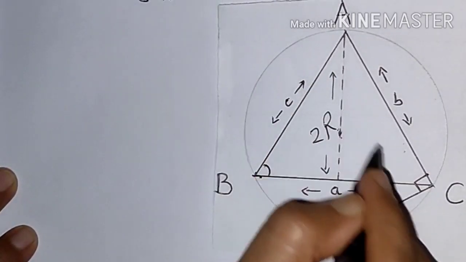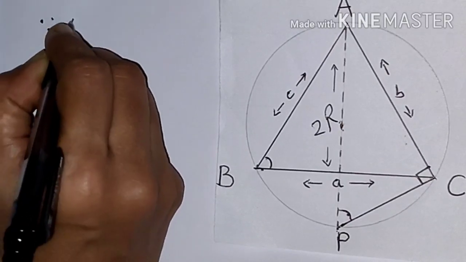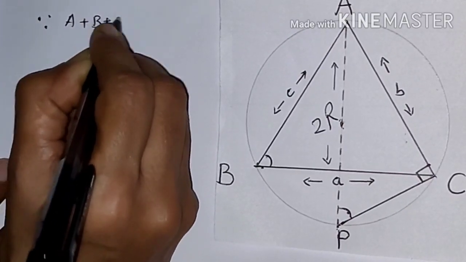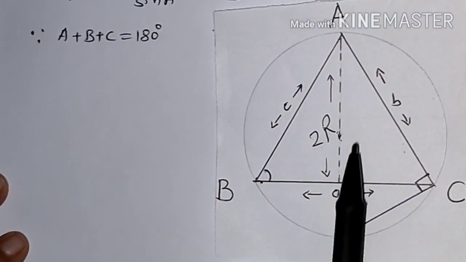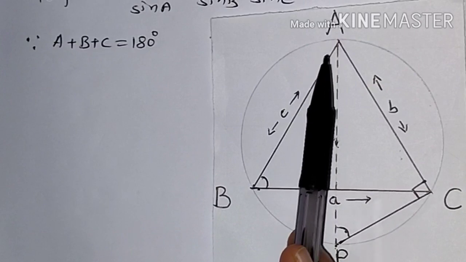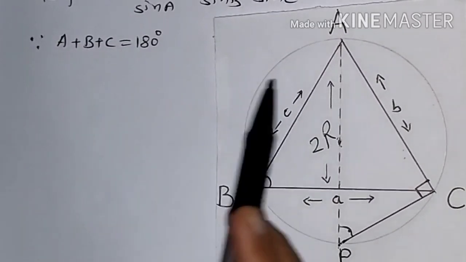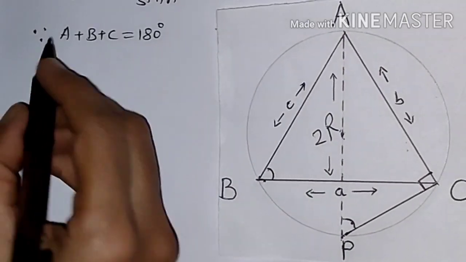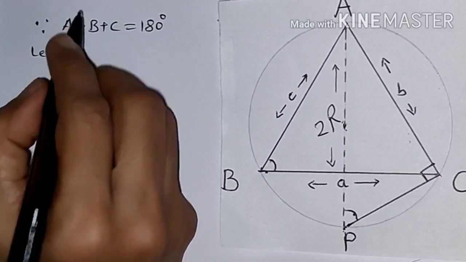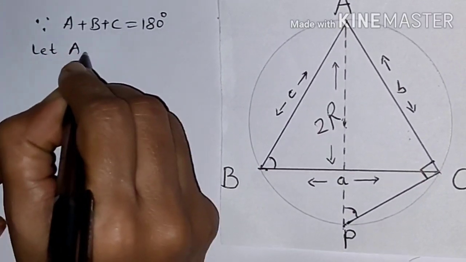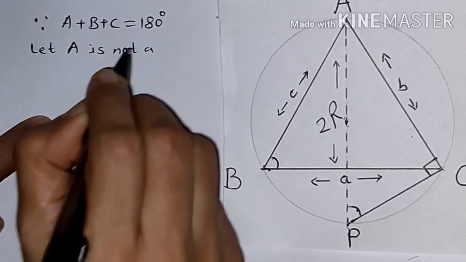Since A, B, C are angles of the triangle, we know that A plus B plus C is equal to 180 degrees, and at least one angle is not a right angle. So let's assume that angle A is not a right angle.